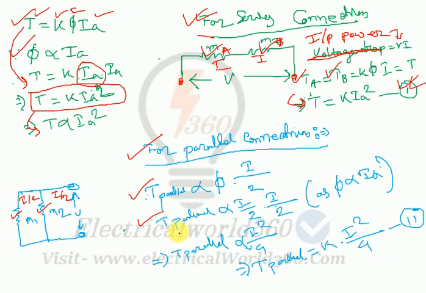Instead of theta, since flux is proportional to current, T parallel is proportional to I by 2 into I by 2, that is I square by 4. So T parallel equals K into I square by 4. Suppose this is equation number 2.